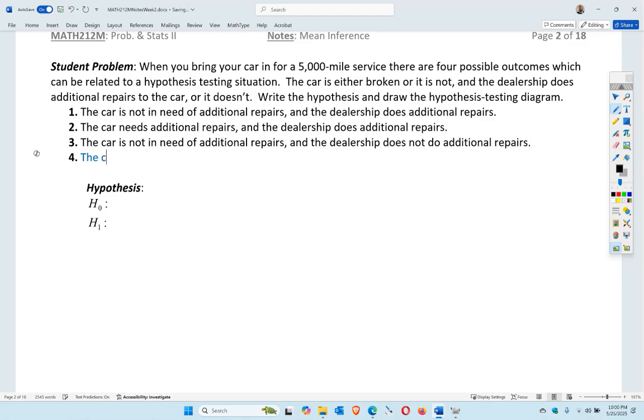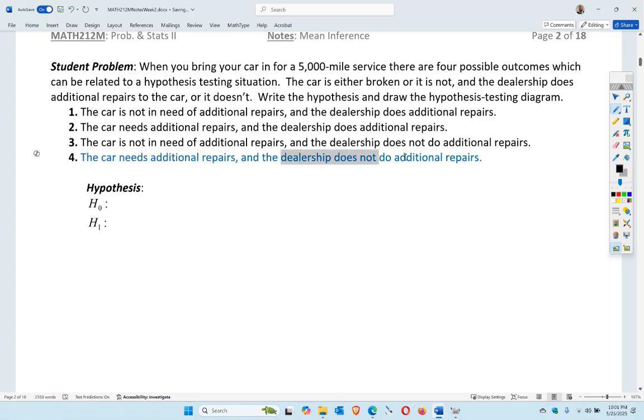And then you have the car needs additional repairs, and the dealership does not do additional repairs, which is bad because you should have rejected the null hypothesis, but you didn't.